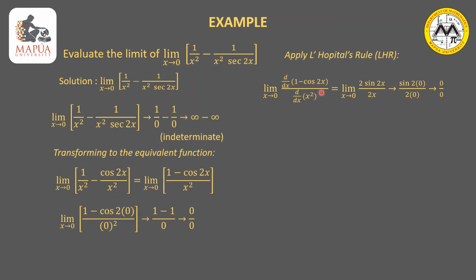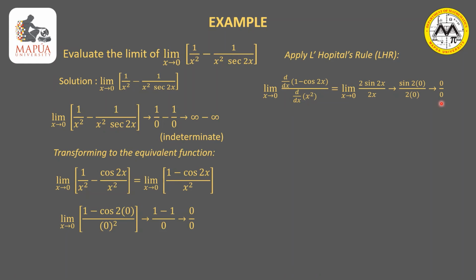As to the derivatives, for the numerator we have 2 sine of 2x, and in the denominator 2x. Now with this new fraction, evaluating the limit as x approaches 0 results in 0 over 0. It's still an indeterminate form.